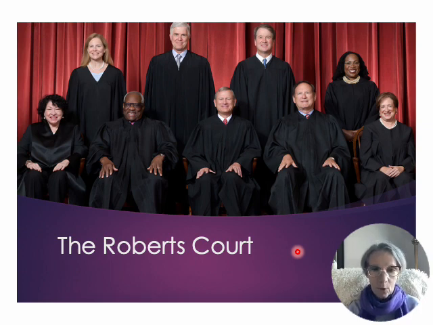So before the Roberts Court, it was the Rehnquist Court. And before that, it was the Burger Court. Before that, it was the Warren Court. Okay. And so the courts are named by the Chief Justices. The Roberts Court has been going on for quite some time. John Roberts was nominated and confirmed under George W. Bush. And so, we're about 20 years plus into the Roberts Court.